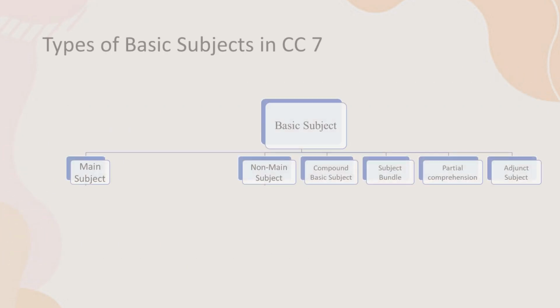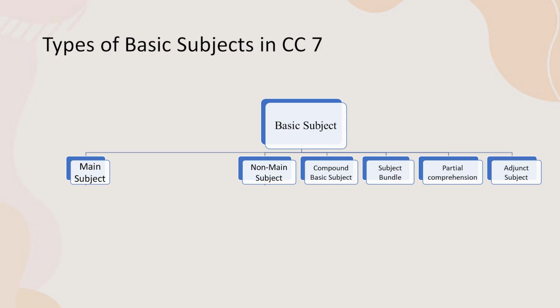Now, what are the different types of basic subjects as treated in colon classification 7th edition? Basic subject here may be grouped into main basic subject and non-main basic subject, and also compound basic subject, subject bundle, partial comprehension.